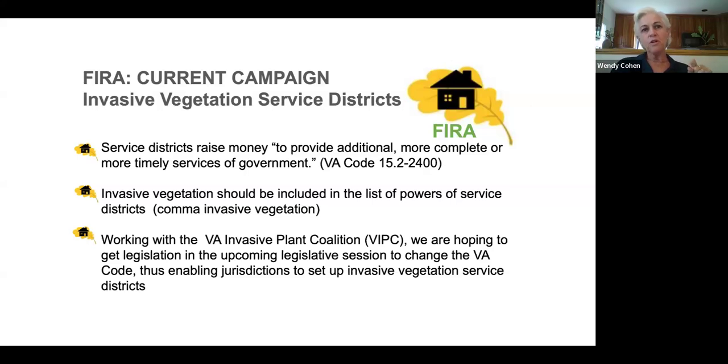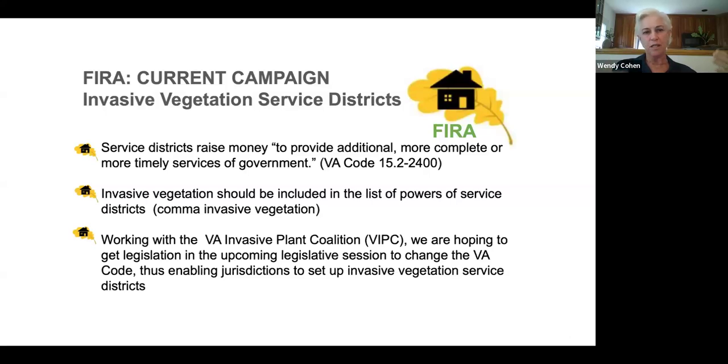But really what we're looking forward to is a statewide effort. We have really good alliances with the other organizations, and I've talked about that. Right now, we're working on a current campaign, a statewide campaign that is hopefully a future success. And this is establishing an invasive vegetation service district. What service districts do is they raise money to provide additional, more complete or more timely services of government.